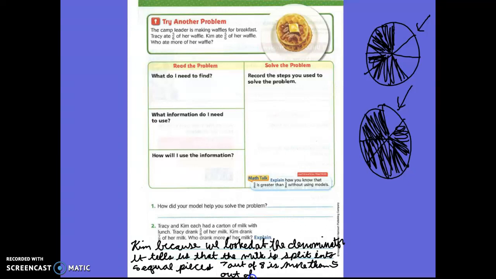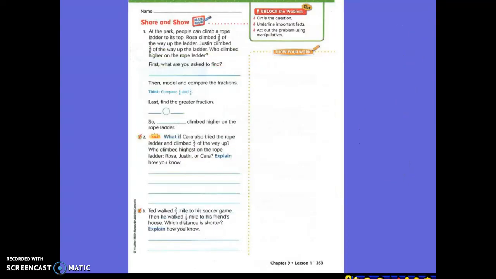Okay. Number 3, Ted walked 2/3 of a mile. Nate walked 1/3 of a mile to his friend's house. Which distance was shorter? We saw that 1/3 was shorter. Why? The denominators are the same.